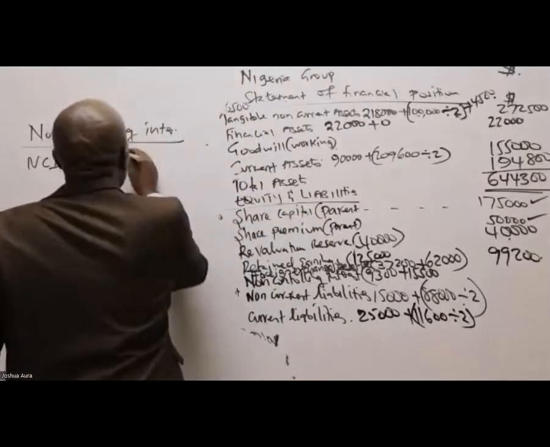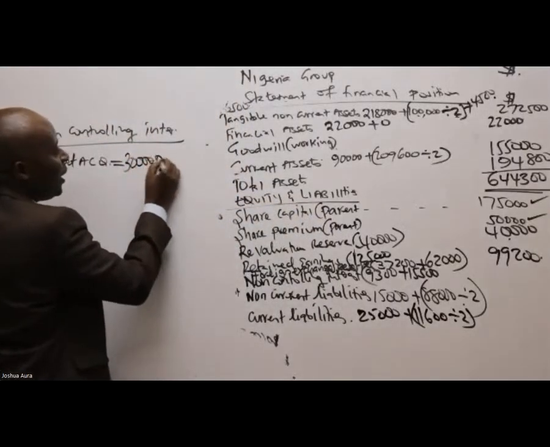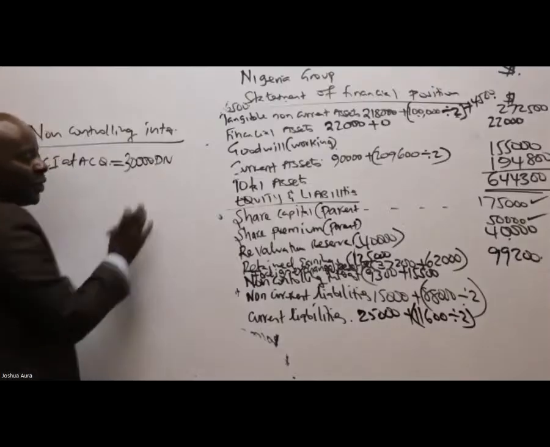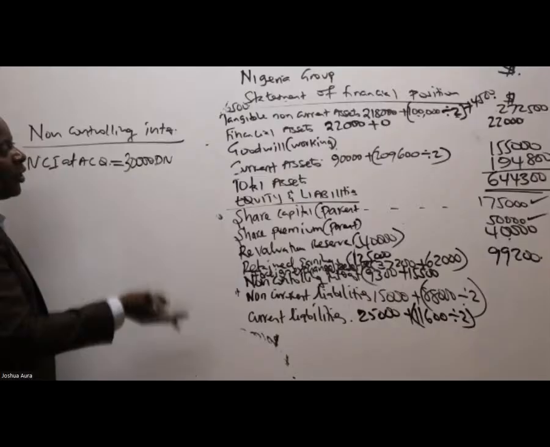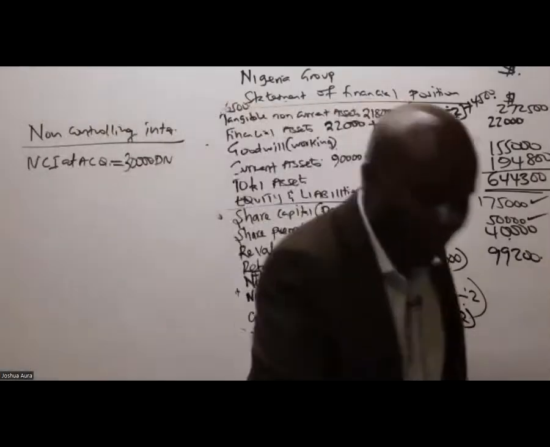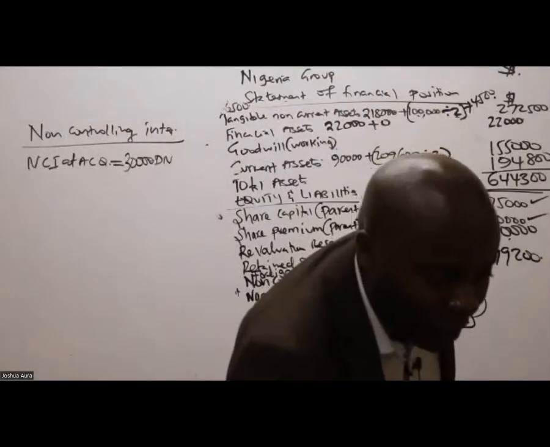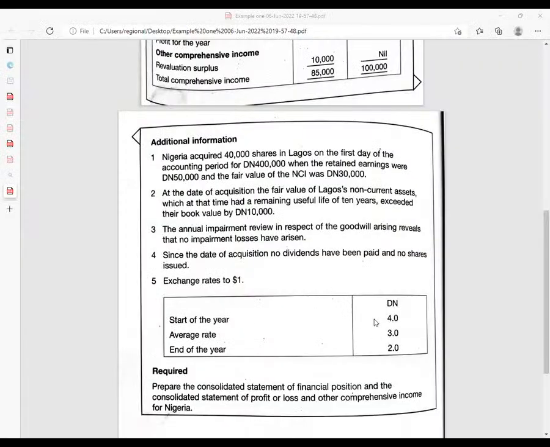But now remember that this 30,000 is in foreign currency, DNs. I need to retranslate this. Can somebody tell me what I should divide this with, 2 or 4? It can't be the end-of-year rate. It has to be the rate at the start of the year when I was acquiring. Why am I saying that?